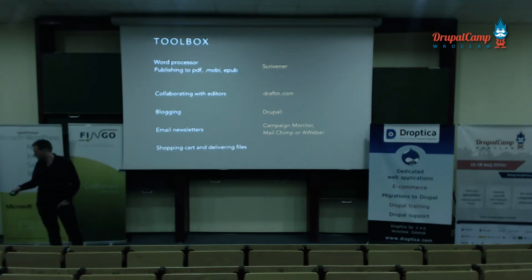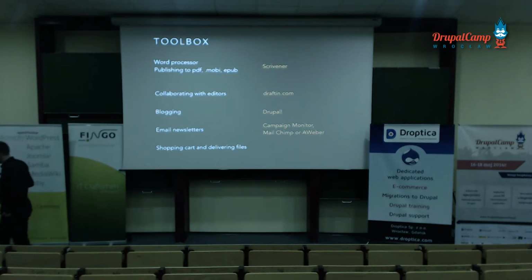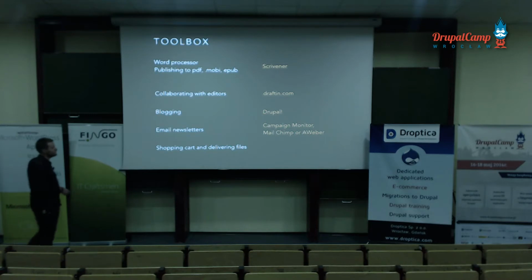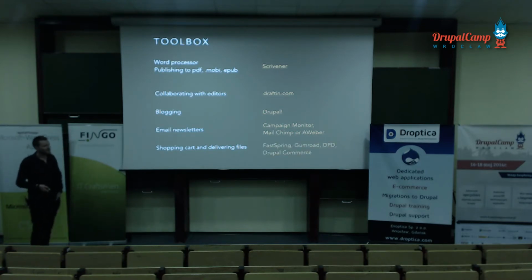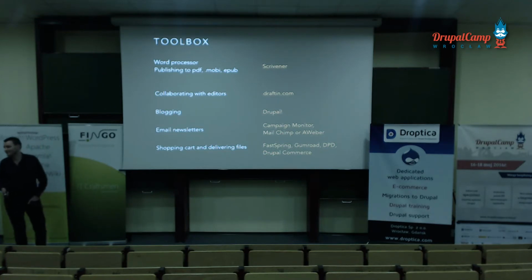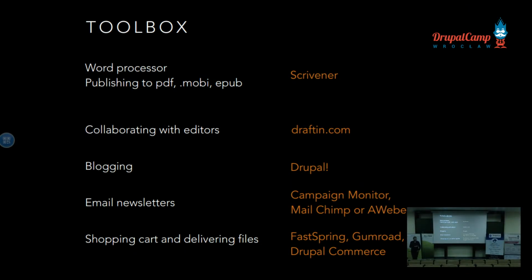And we need a way to charge people money for the book and to deliver the files to them. I'm going to be slightly controversial at this point. You could use Drupal Commerce for this, and I didn't. I think the jam is probably going to kill me in a second, because I actually chose a proprietary system.